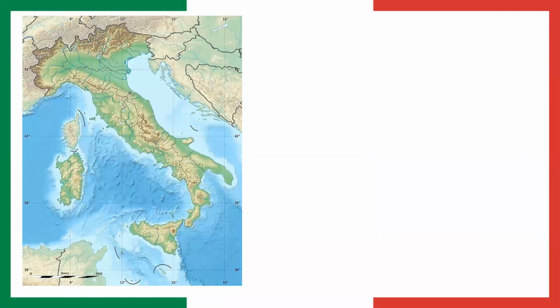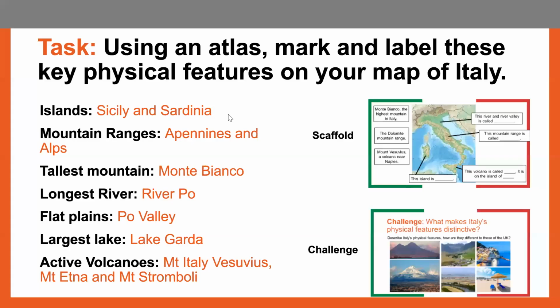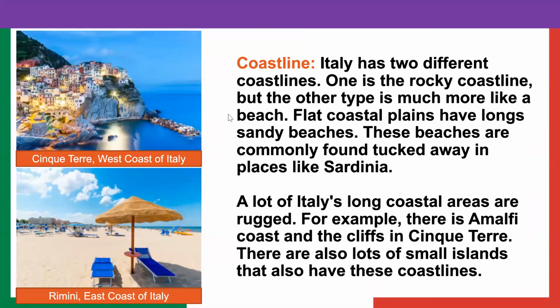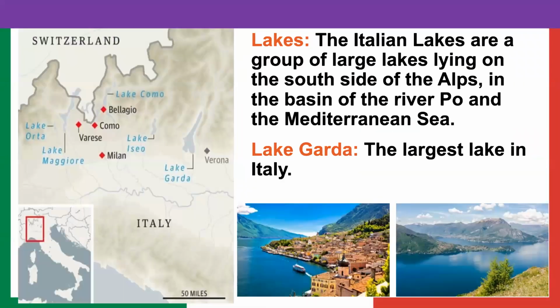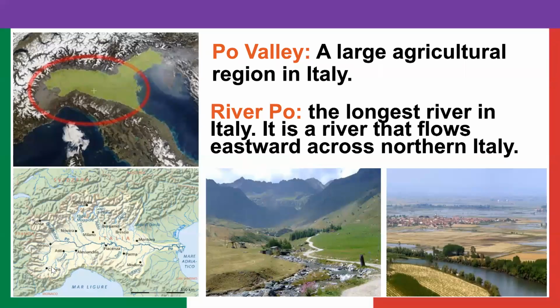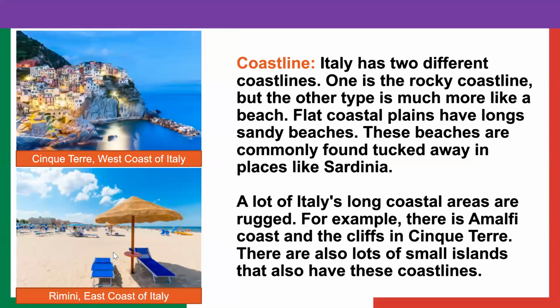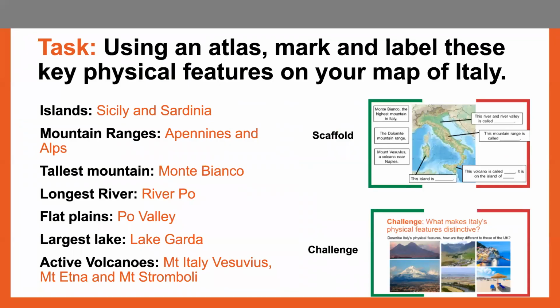To help you with that, there is a map of Italy, which you have, and we can go back through here and identify these features on our map. All the information you need is here. So you've got some time to have a go at doing that. You've got this map here to help you.